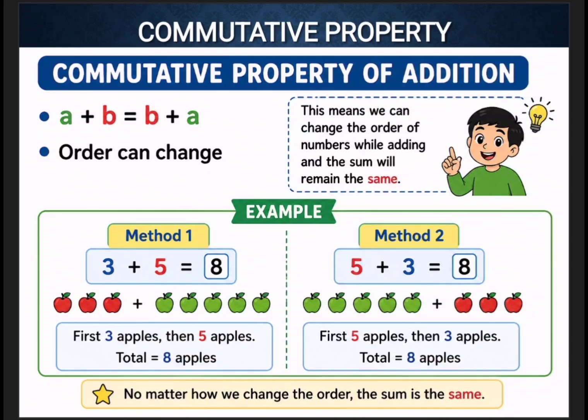This means we can change the order of the numbers while adding, yet the sum will remain the same. Let us take two numbers, 3 and 5. 3 plus 5 gives you 8. Vice versa, 5 plus 3 gives you 8. No matter how we change the order, the sum is the same. This is the commutative property of addition under grouping of numbers.